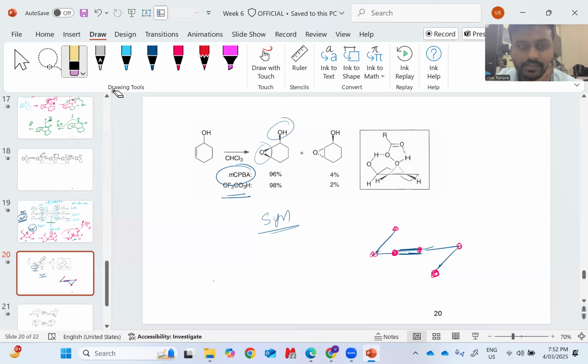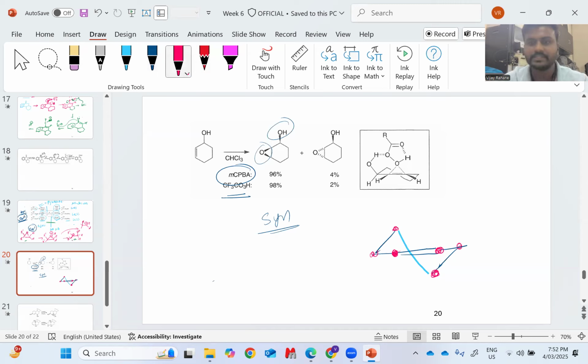So this carbon is from the back side. Just for better visualization, I will draw this bond which is below the plane, and another bond which is this double bond. So you can see this cyclohexene is present in this manner, and we have the hydroxy group which is directing. Let's say it is alpha directing here, so the beta directing.